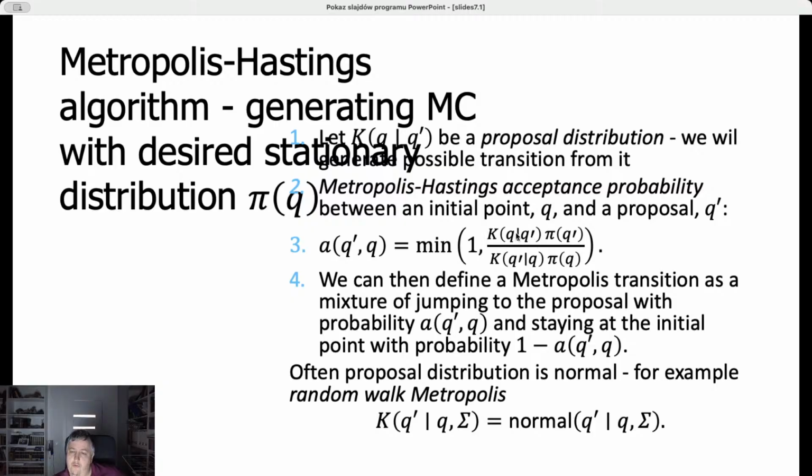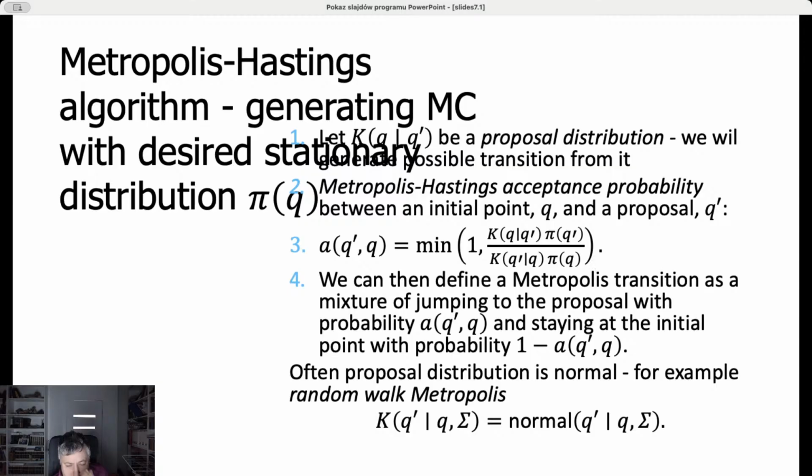The proposal distribution from the new point to the previous point divided by the proposal distribution from the previous point to the new point. If those proposals are invariant, or stationary, this will be exactly the same on both sides, so it can be cancelled. And then the value of the probability density function at the new point and at the old one.